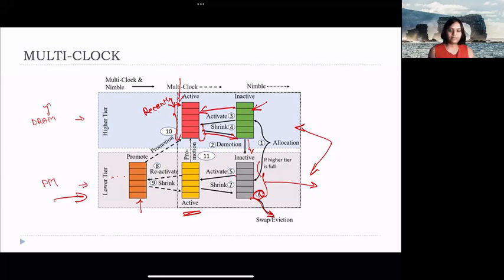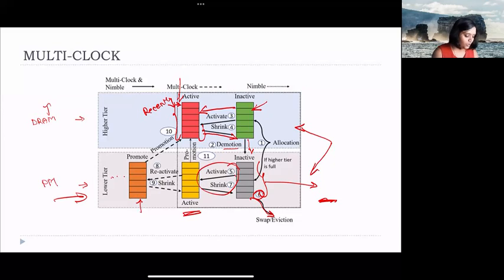The application is writing more data than what we could store inside memory, so we would be forced to evict if this is the lowermost tier. If we have one more tier below this, then same as what we are doing here with demotion in 2, we would just demote it to the inactive list of its lower tier. Same as what we had in 3 and 4, we have 5 and 6, activate and shrink operations going between the inactive and active lists.